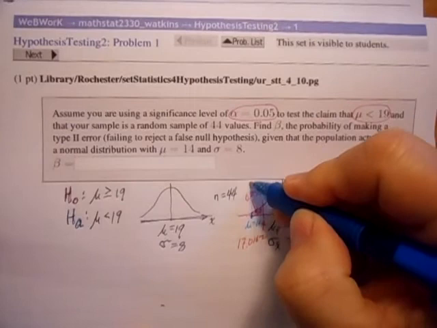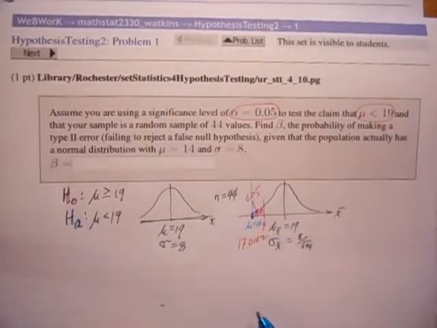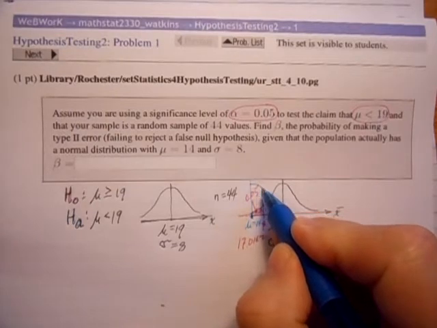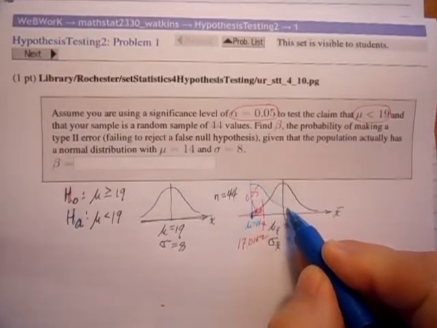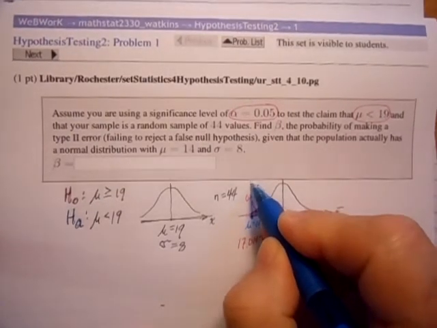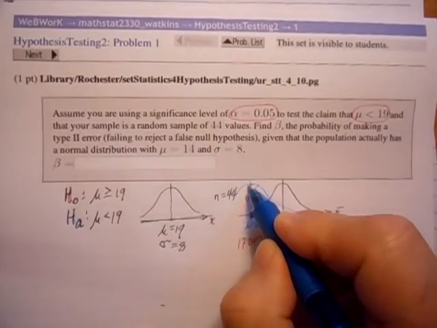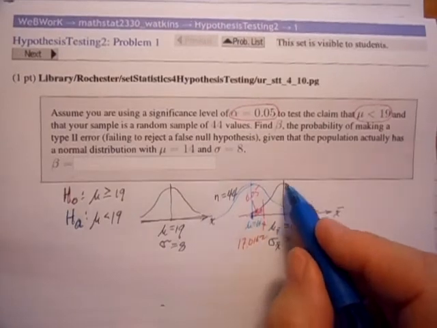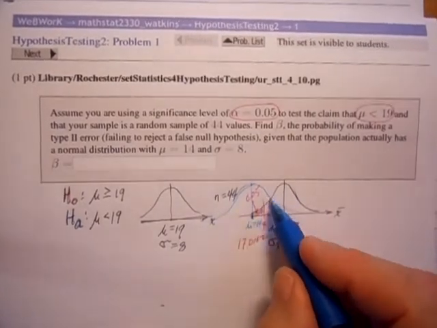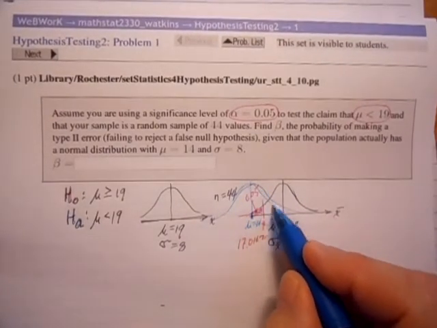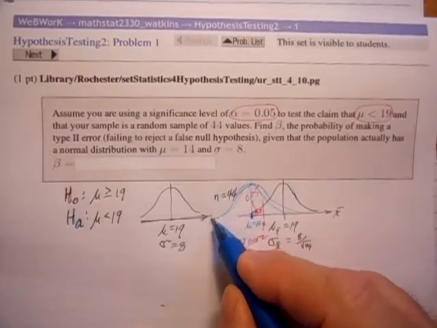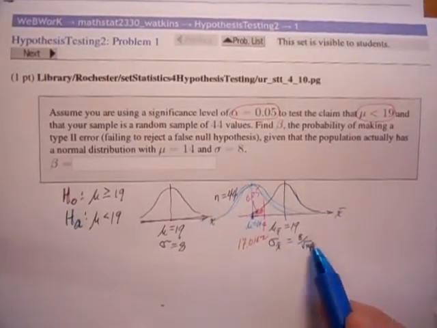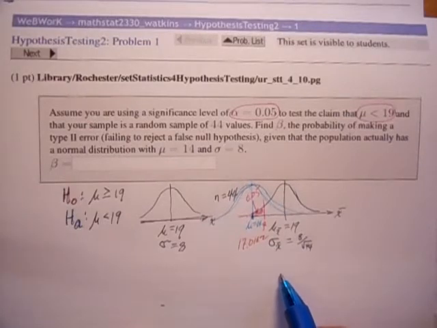Then this distribution of sample means would look like this. It's supposed to be that same curve over here. It doesn't look like I made it quite the right shape, but this curve is just going to be shifted over here with this same standard deviation.